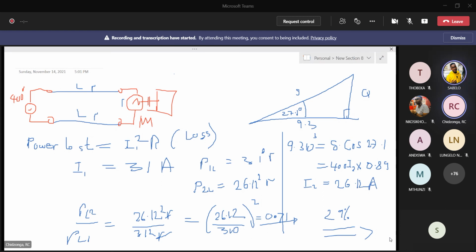Whatever it is, it is a substantial change in the amount of resources that you are utilizing. And hence, I'm sure you'll be able to see why it's important to operate with high power factor as opposed to low power factor.